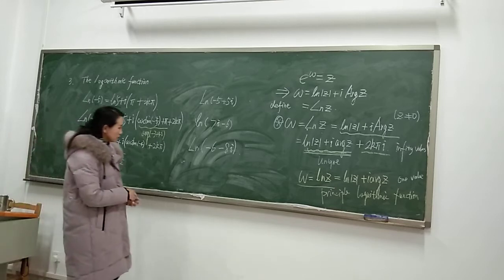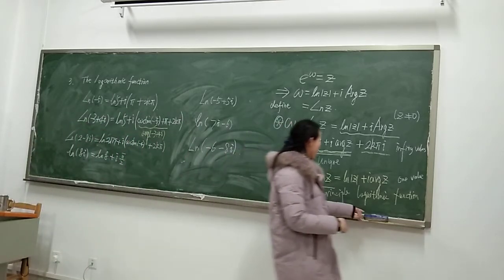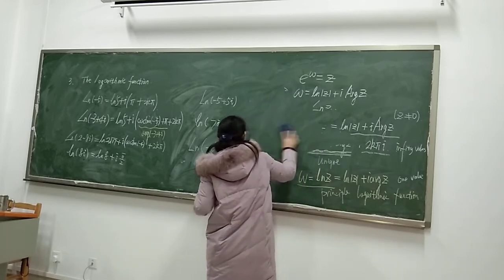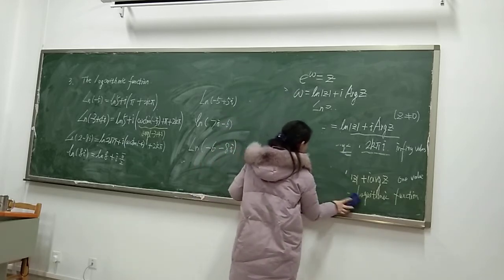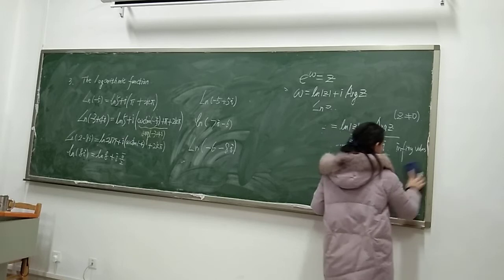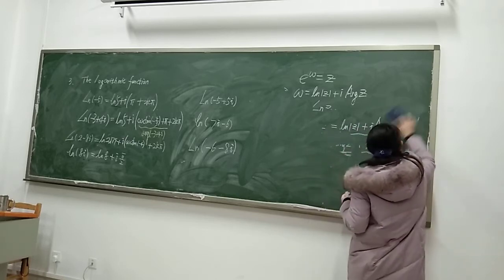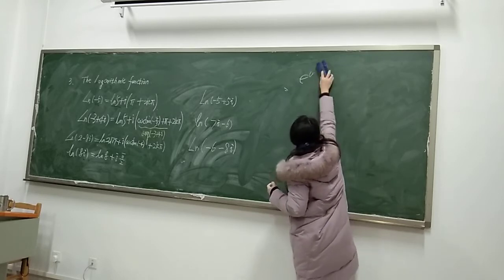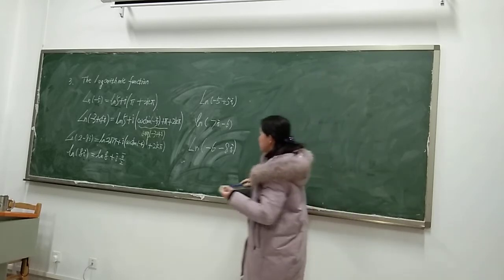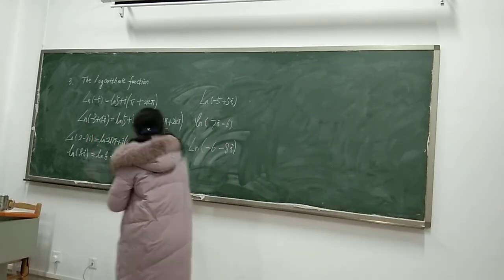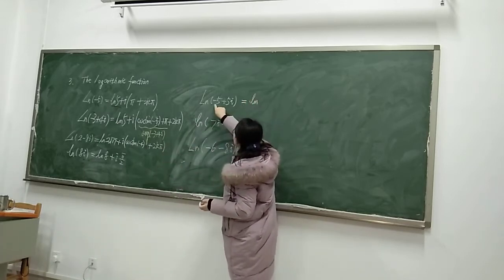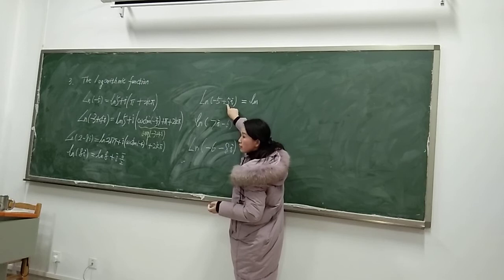The first one. Okay, this is ln the modulus of minus 5, plus 5.